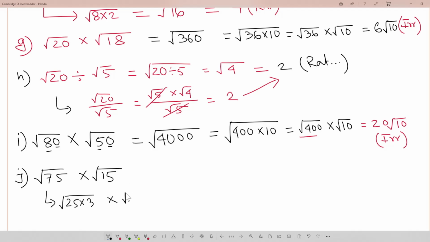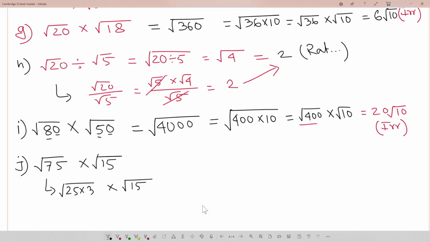Or we can write it like this, without changing anything: root 15, and then root 25, root 3, and root 15. Or if you want, you can write 15 as 3 times 5, so here is root 3, then root 5.